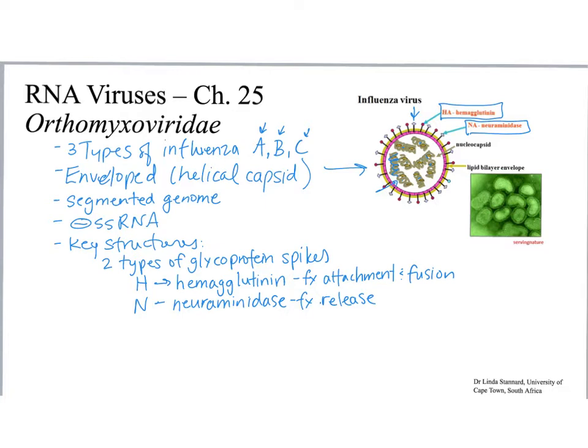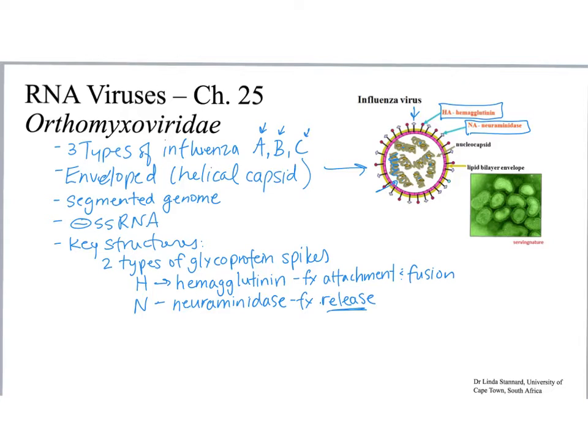Now, I've read that, and in the book it also says that the neuraminidase can play a role in fusion of the virion with the host cell, with entry, but we think the primary function, again, is as it releases from that host cell.